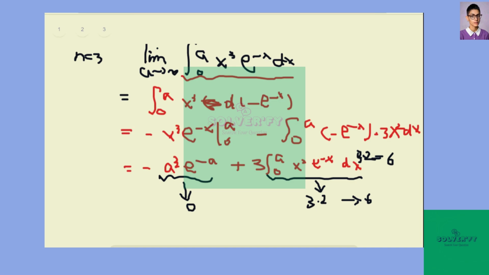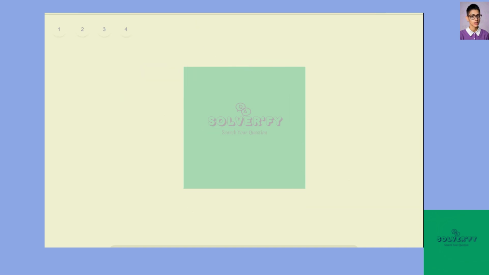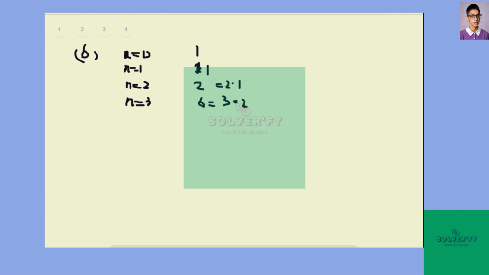So we can guess. Here we have n. If n is equal to 0, the result is 1, and n is equal to 1, the result is also 1. And n is equal to 2, the result is equal to 2, and n is equal to 3, this is 6. This is 3 times 2, and this is 2 times 1.